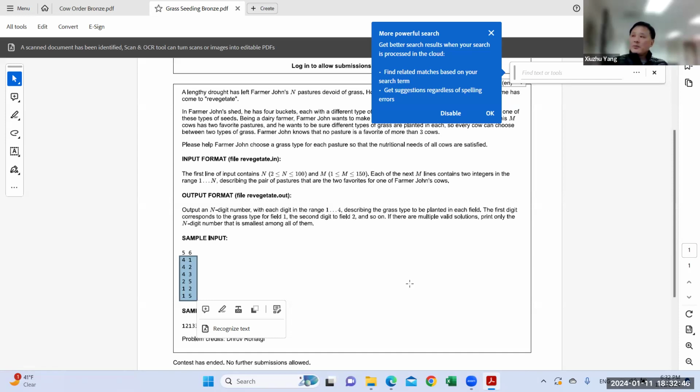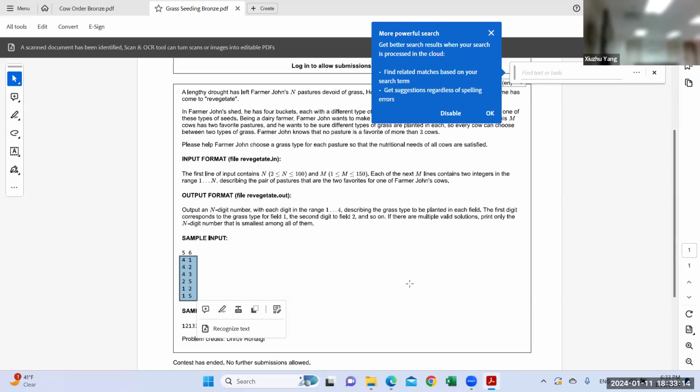So what it means is that if you put in a cow, let's just say I will do a 2-dimensional thing, cow 1, 2, and it's grass 1, grass 2.